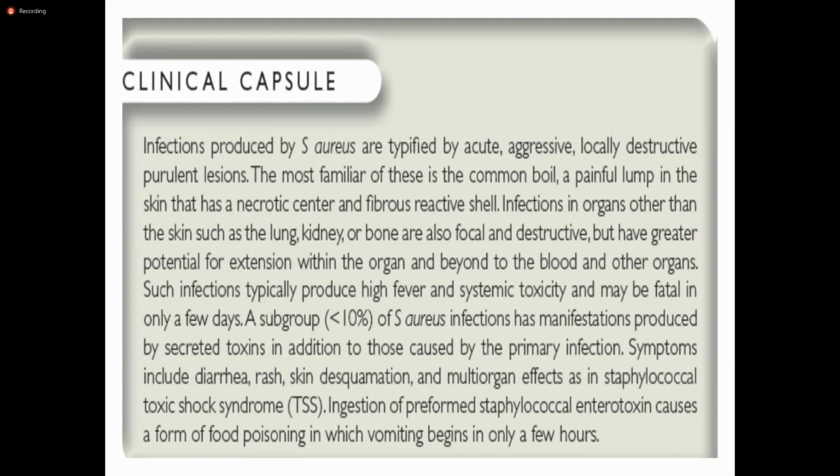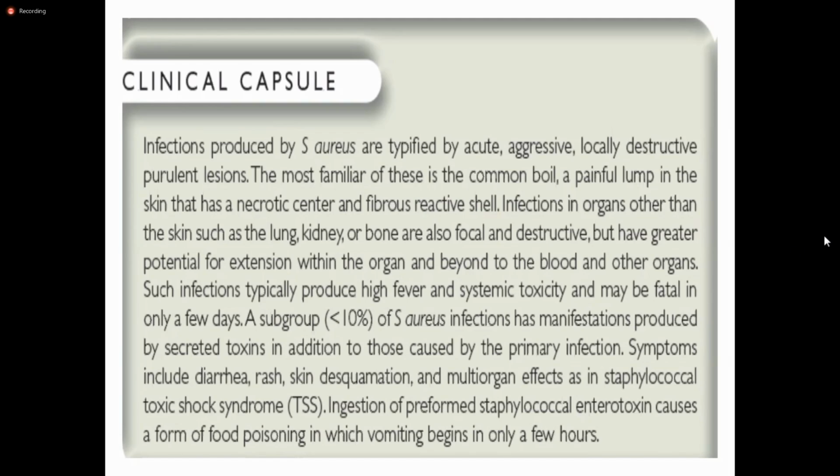Such systemic infections are characterized by high fever, systemic toxicity, which may be fatal in a few days. There is a subgroup of Staph aureus, less than 10% of them. They can produce toxins. You have seen in the table, they produce toxins.